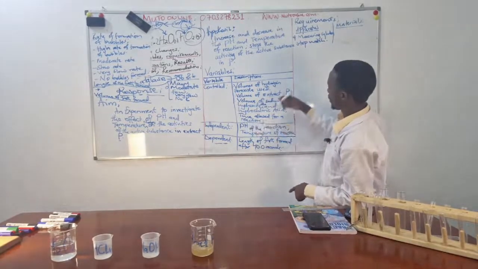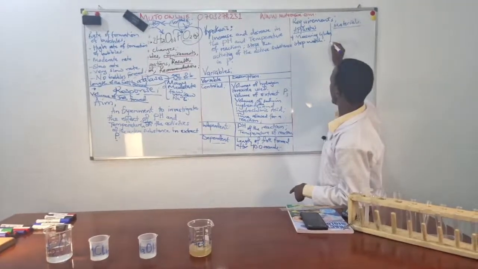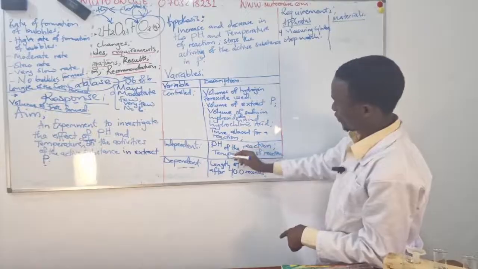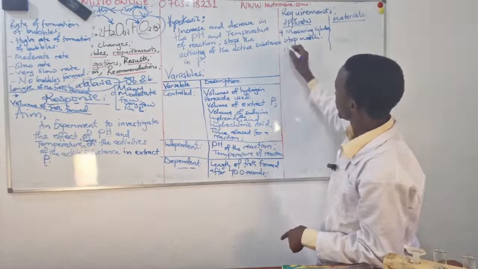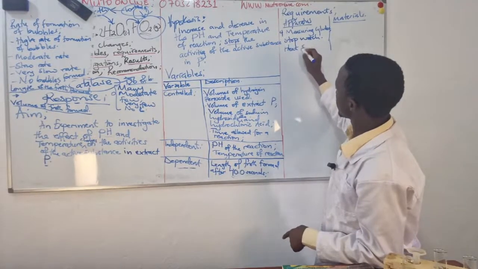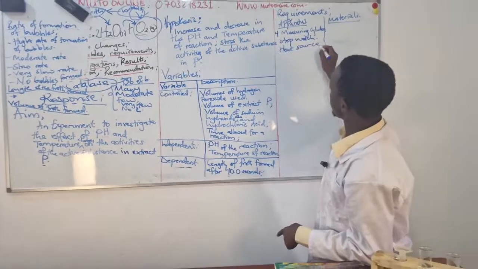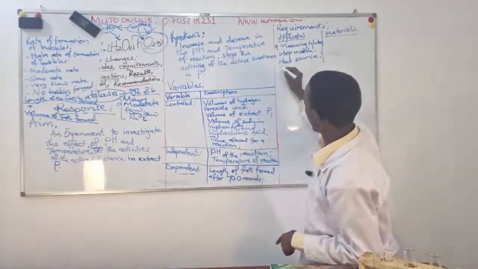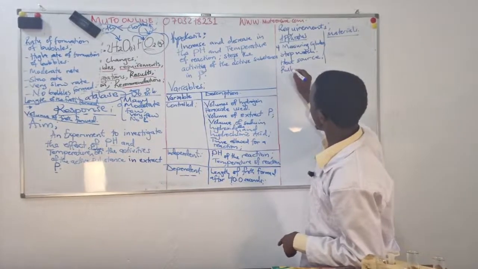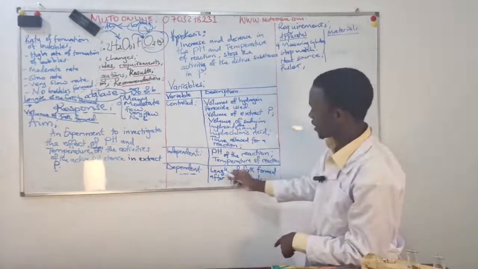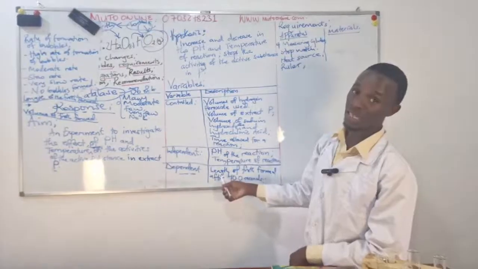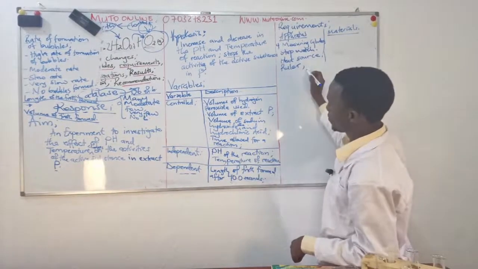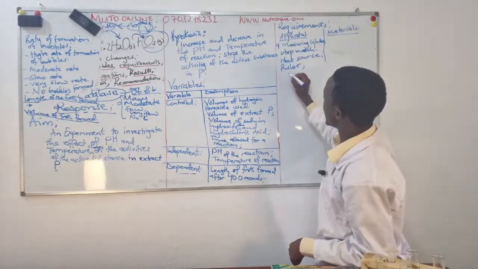For temperature, I will boil for some time. I will need a heat source to vary the temperature. I will need a ruler to measure length, because I'm going to measure the length of the froth formed after a certain amount of time. I will need test tubes, but how many?